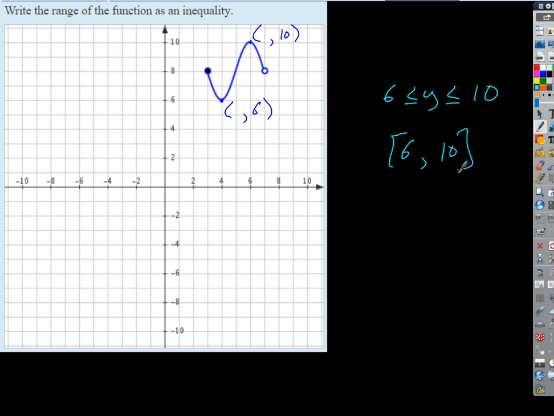A Moodle question. What if we wanted to write the domain of this using interval notation? How would you do that in Moodle? Because what's the problem? You've got one closed endpoint and one open endpoint, right?